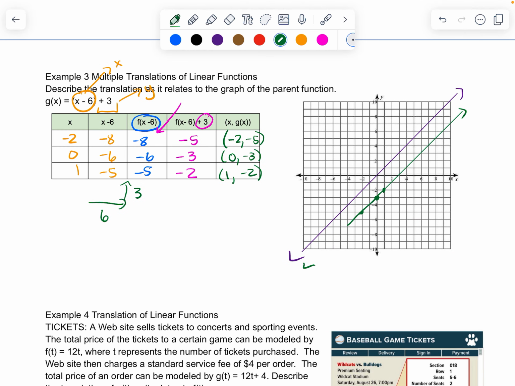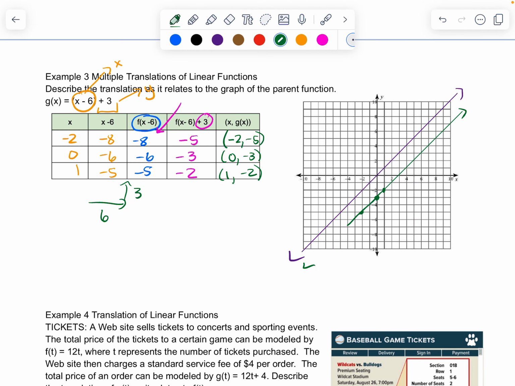Okay, so now we're going to talk about horizontal. Okay, when we talk about horizontal, it's going to be inside the parenthesis. Okay? If the number inside the parenthesis is greater than 1, look at what it does to the x value.